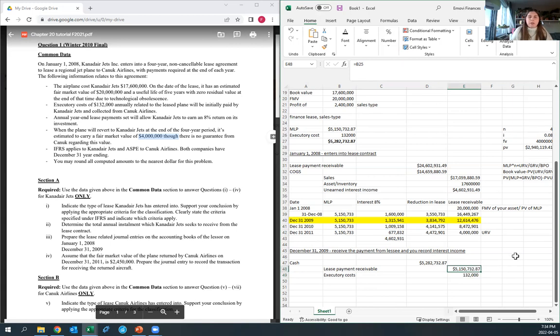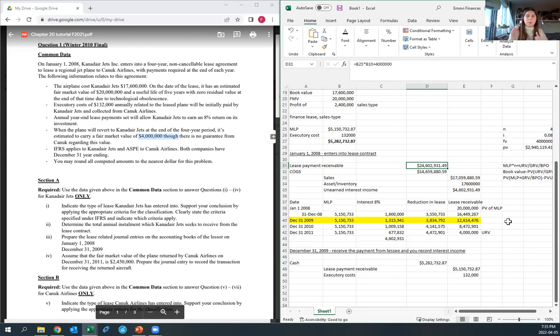So here the lease payment includes the payment for the lease, and it includes the payment for the interest on the asset that the lessee pays the lessor. That's why, I guess I didn't really explain it properly, it's only the present value of your MLP, and here it's 20 million versus here it's 20 million and something. That's because when they're making their payments, they're not only paying for the lease, they're also paying for any interest that was set into the contract.